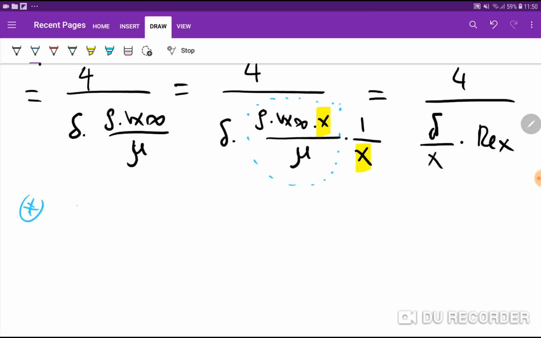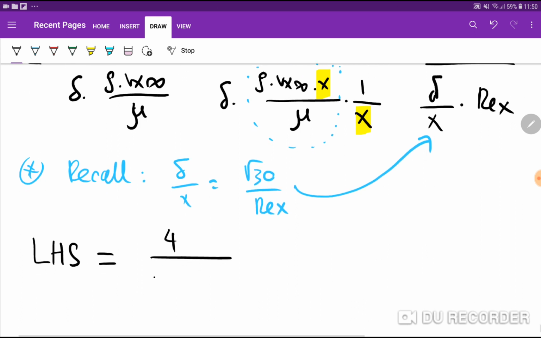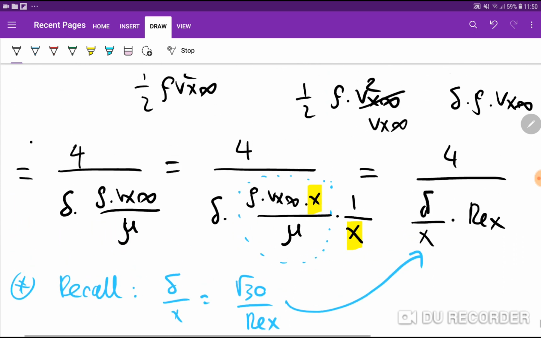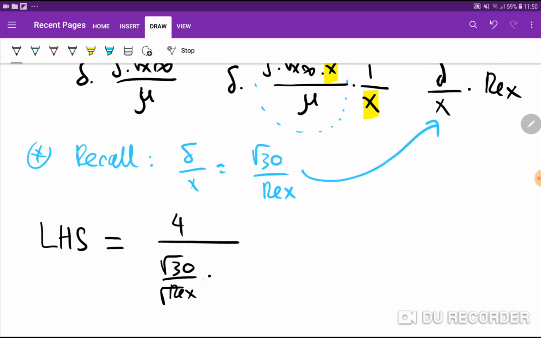Recall, we have delta over x equals the square root of 30 over the square root of Reynolds number. So I'm going to substitute this in. Our left hand side continues to equal 4 over the square root of 30 over Rex to the 1/2, times Rex. So it equals 4 over the square root of 30.